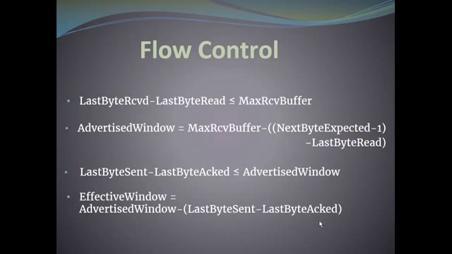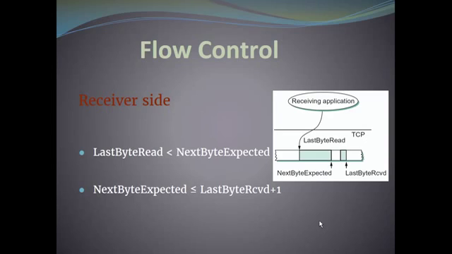We must follow this equation. AdvertisedWindow = MaxRcvBuffer - ((NextByteExpected - 1) - LastByteRead). This can also be seen from the figure we saw before. It represents the amount of free space remaining in its buffer as data arrives.